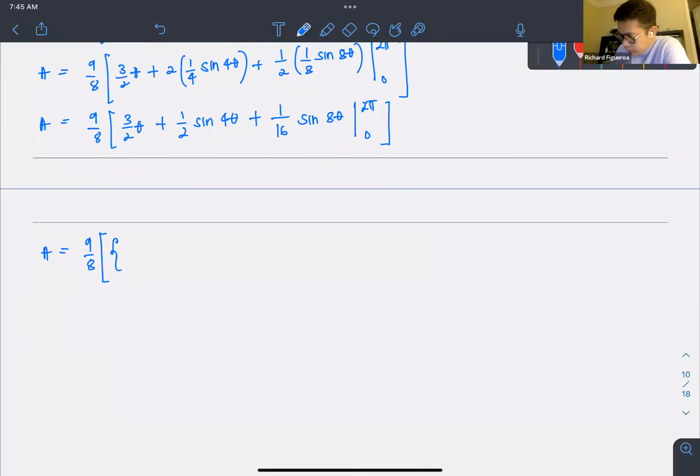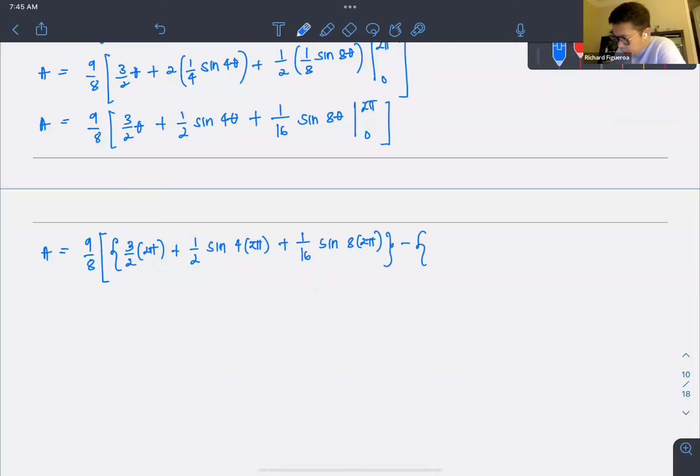So the upper limit, so I'll have 3 all over 2, theta it's 2 pi, and plus 1/2 sine 4 times 2 pi, plus 1 over 16 sine 8 times 2 pi, and minus, so 3 all over 2 times 0, plus 1/2 sine times 4 times 0, plus 1 over 16 sine 8 times 0.